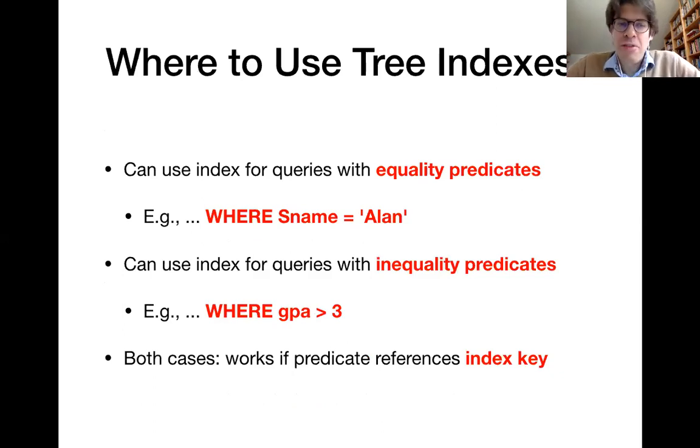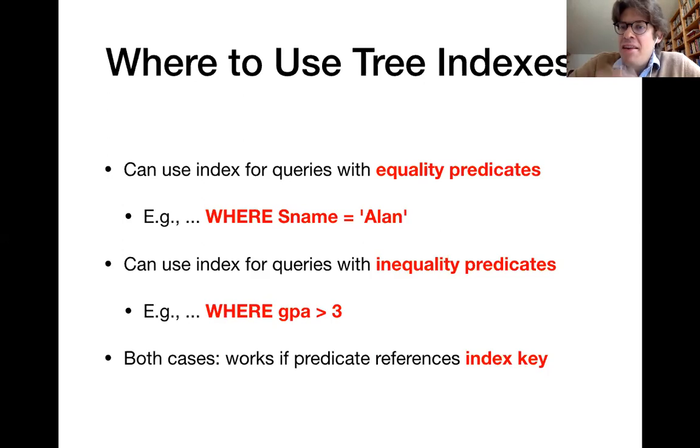So we can use those indexes, first of all, in order to answer queries with equality predicates. And we have already seen that, for instance, if I'm looking for rows satisfying the condition student name equals Alan, then I can use the index that we have just seen in order to efficiently answer them. What I can also do is to use them for inequality predicates.